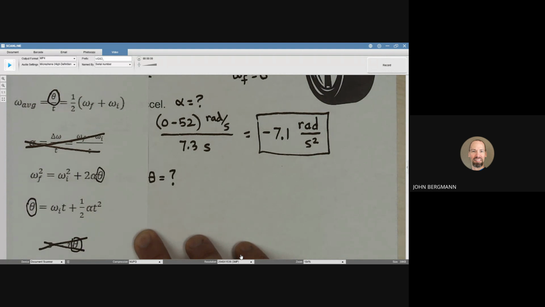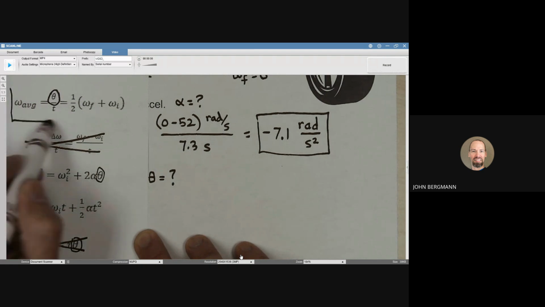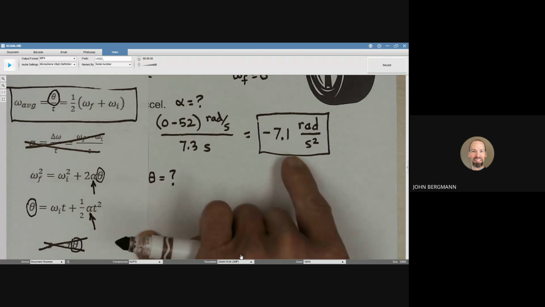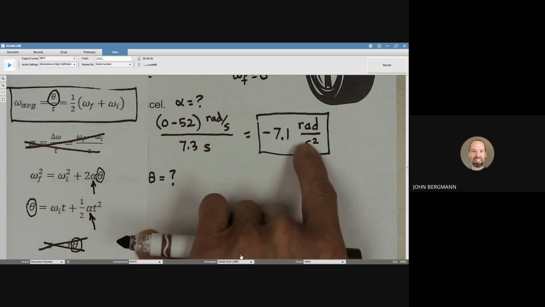However, I'm going to choose the one at the top, because this one right here involves alpha. And so does this one near the bottom. I've drawn arrows pointing to alpha. If we use either of those equations, then we will have to use this negative 7.1 radians per second squared, which we just found.